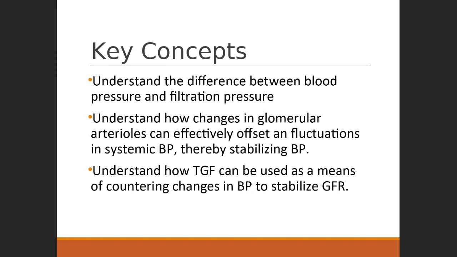So if the hydrostatic pressure of the blood pressure is what's driving that filtration, we need to make changes to our glomerular mechanism to accommodate and offset the changes that the fluctuating blood pressure would have created. If blood pressure goes high, we take our filtration pressure relative to it and drop it down. If blood pressure is too low, we take that filtration pressure relative to the blood pressure and raise it back up. So filtration pressure at the glomerulus stays constant in spite of a changing blood pressure.